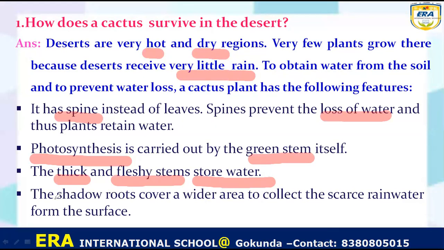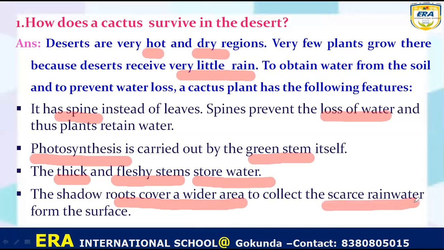And the last point is that the shallow roots cover a wider area to collect the scarce rainwater from the surface. So these roots are spread wider, so they can collect more rainwater because the rainwater is scarce there.